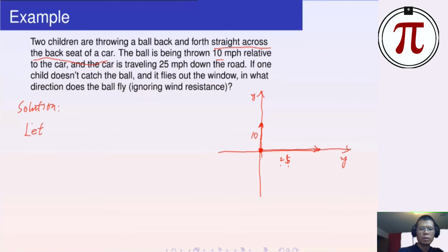Let the horizontal axis be along the road.